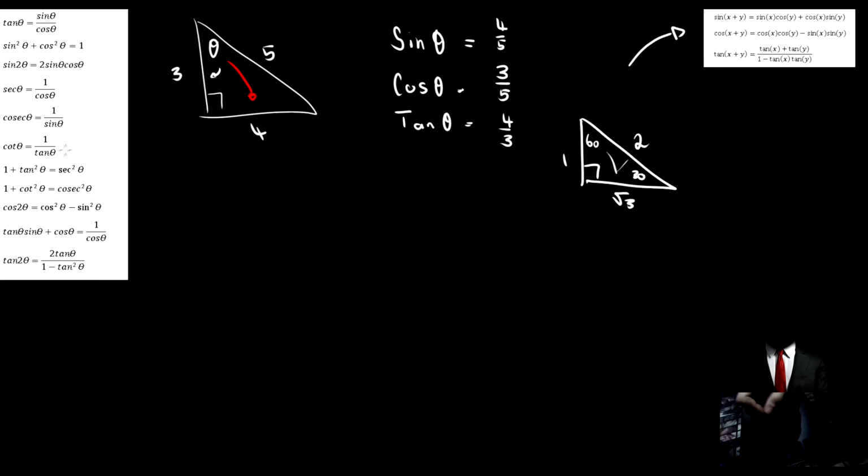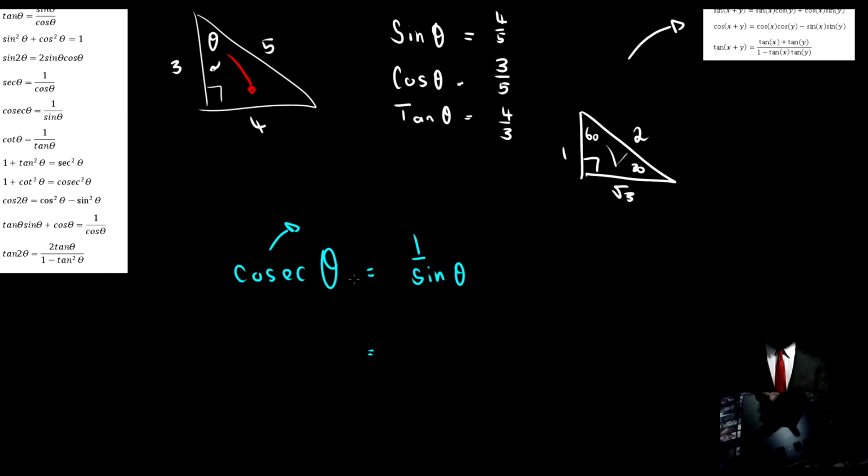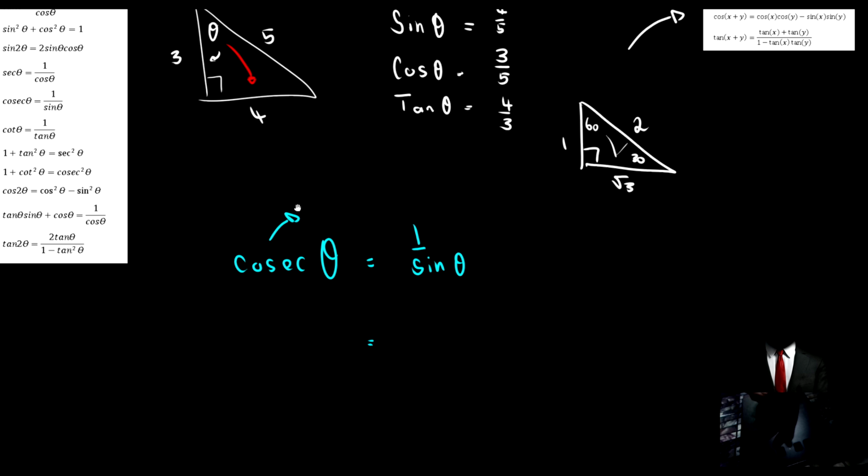Okay, next one. We have cosecant. So in this case, we have cosecant theta is equal to 1 over sine theta. We know by definition that cosecant is the reciprocal of sine, meaning if sine is opposite over hypotenuse, cosecant will be hypotenuse over opposite.